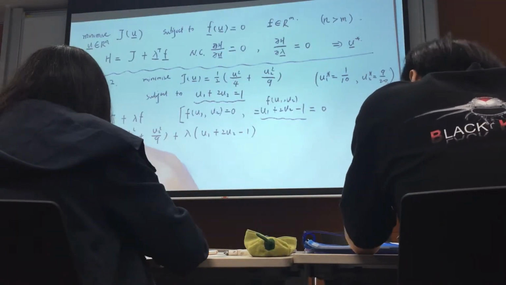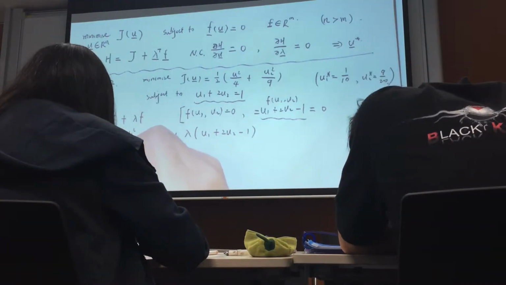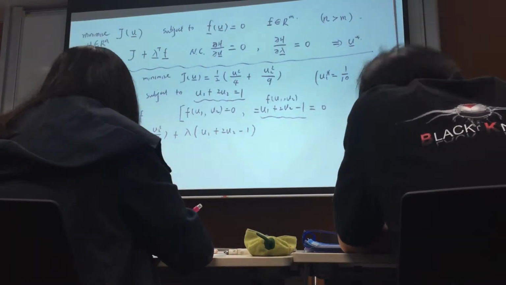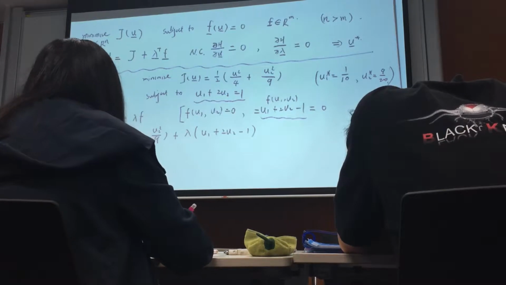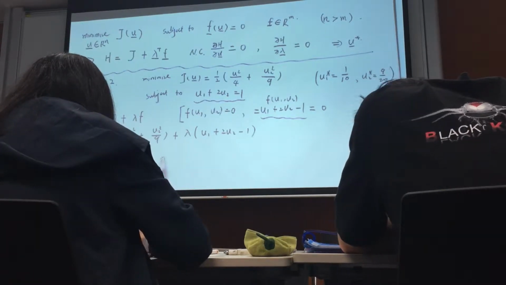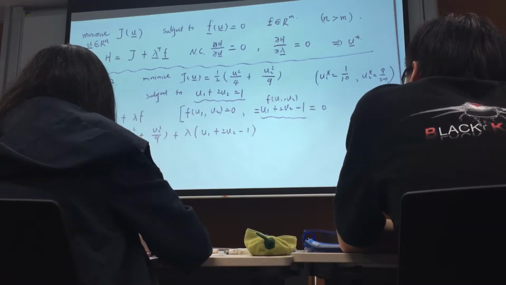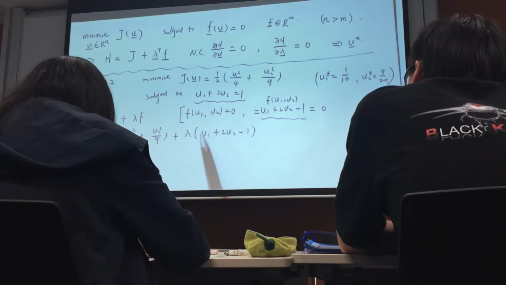Next we can evaluate the necessary conditions. The first one, dH/d lambda. The H is a scalar, the lambda is also a scalar, so it's quite straightforward. To evaluate this one, the first part is just equal to 0 because it has nothing to do with lambda. Then we just get this f.